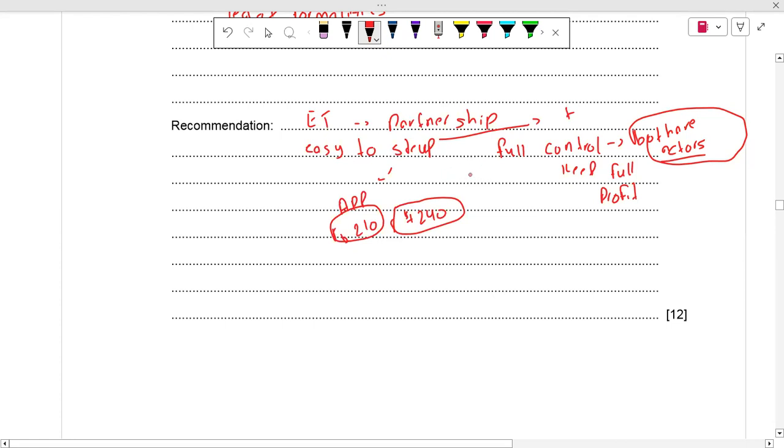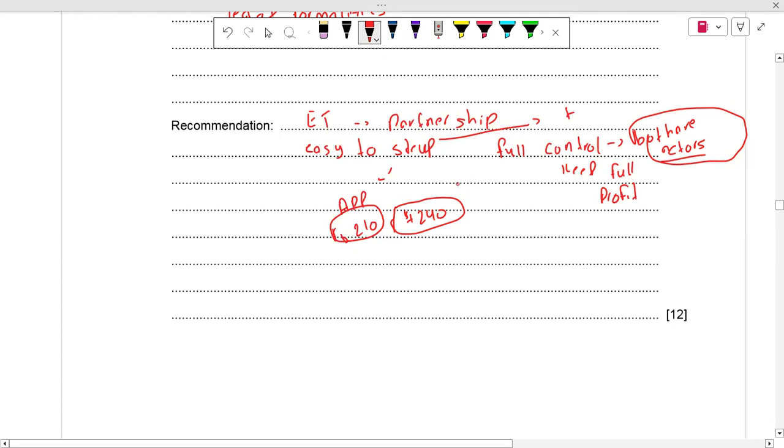If setup is very costly, what can they do? This profit is also decreasing, and when they are incurring so much cost in setup, it means that they will have to incur more cost in setting up the business.